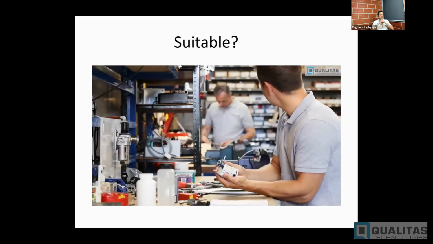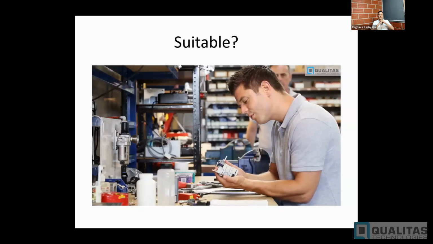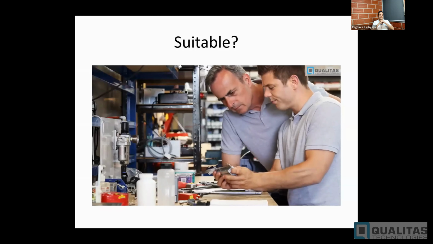How about this? See what he's doing? He's measuring something. So is this suitable for AI? So probably like 100 microns, right? Can you replace the calipers with AI? The answer is no, it's not suitable for AI, because this is more of a rule-based application.